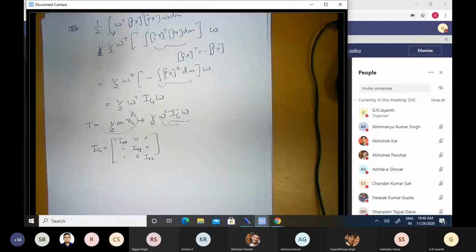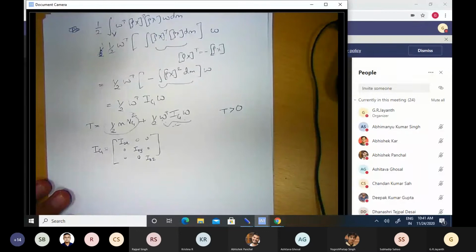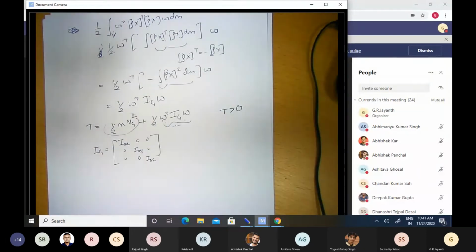Because by definition, you're squaring the velocity and integrating that. Therefore, you can never get a negative term for kinetic energy. When the system is completely at rest, the kinetic energy is 0. When the system is in motion, no matter whether it's pure angular motion or pure translation or whatever, you will always have positive kinetic energy. So T is always greater than 0. Such a function is called a positive definite function. It's always greater than 0.